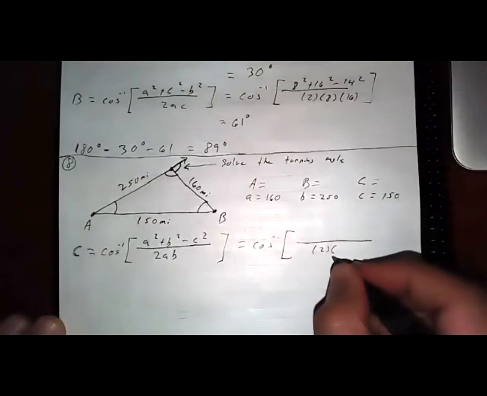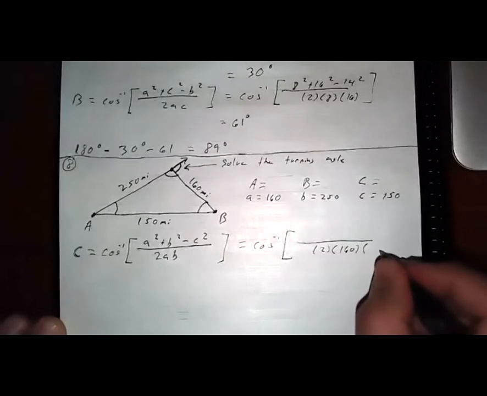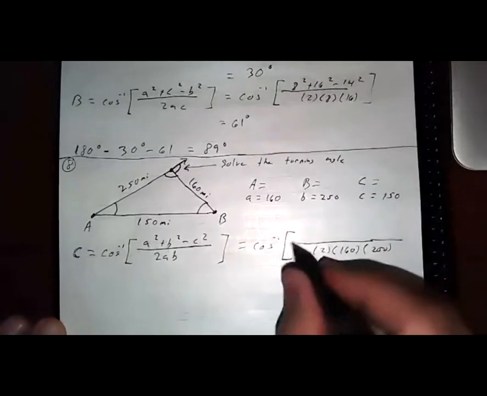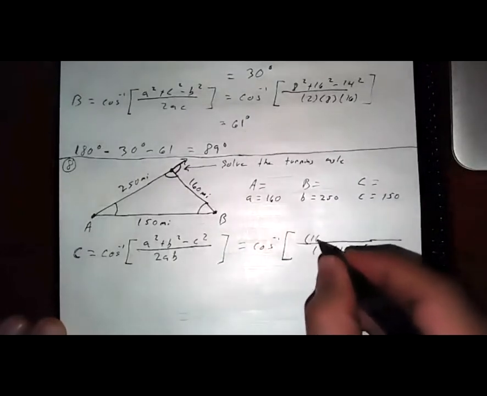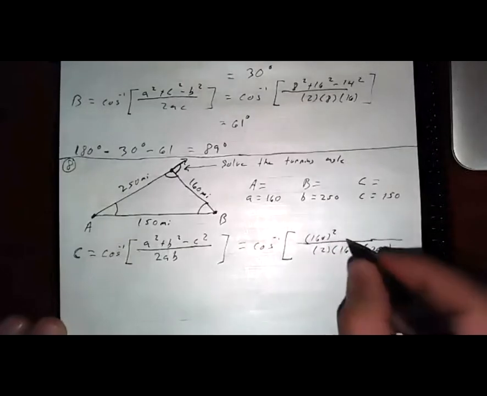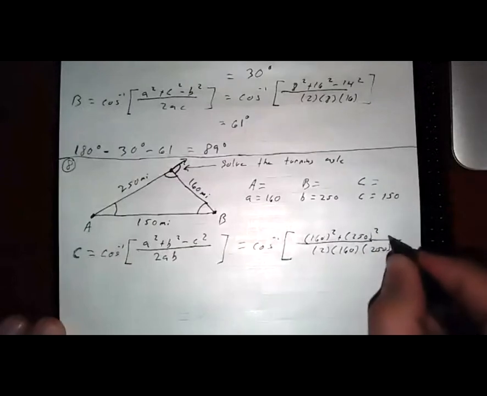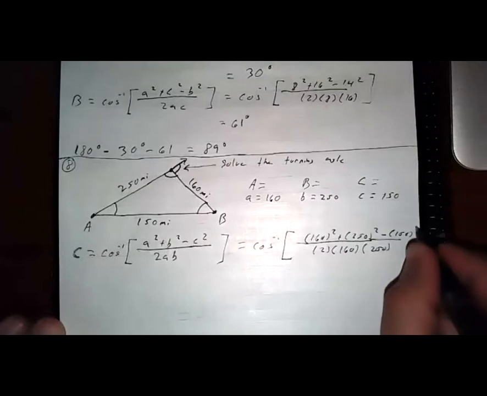Now we just plug it into the formula. 2AB, 160 squared plus 250 squared minus 150.